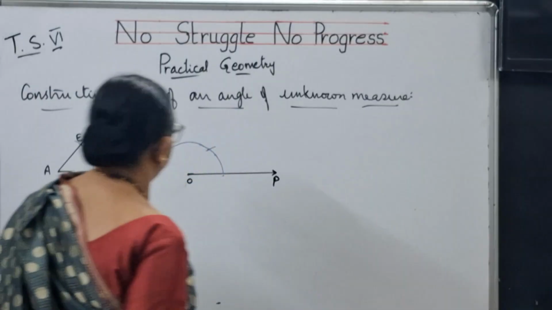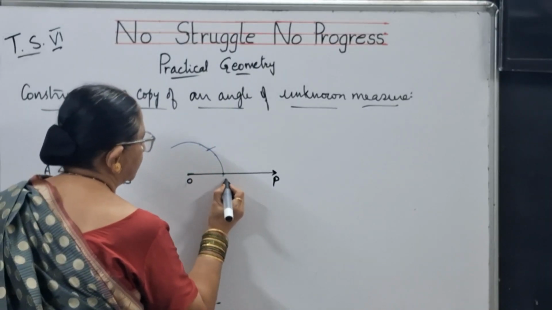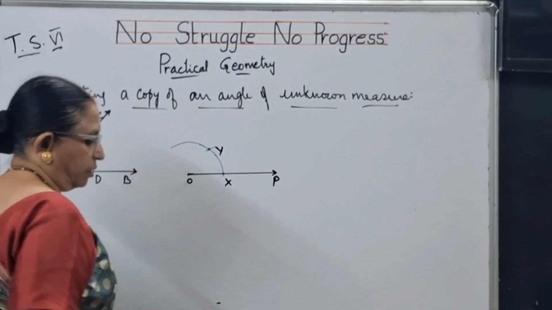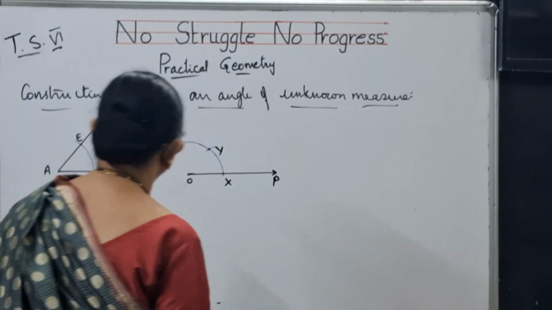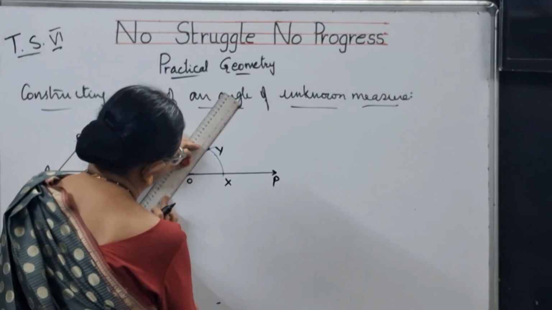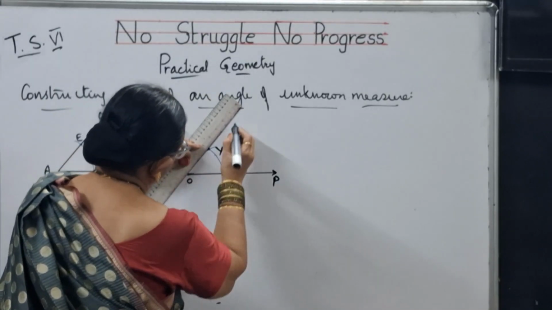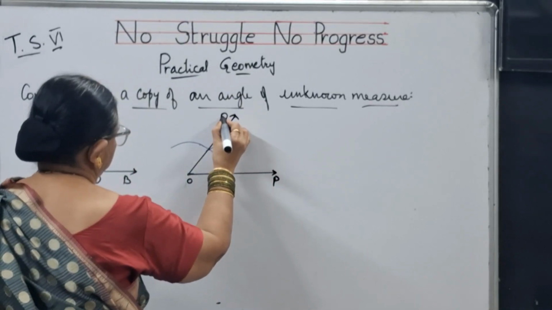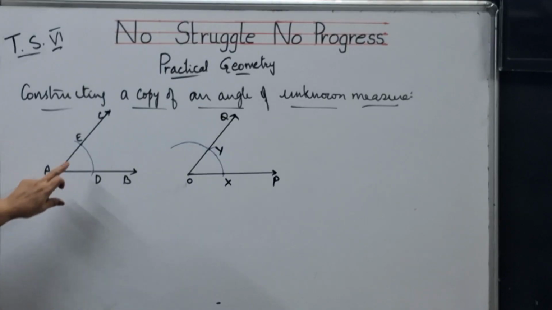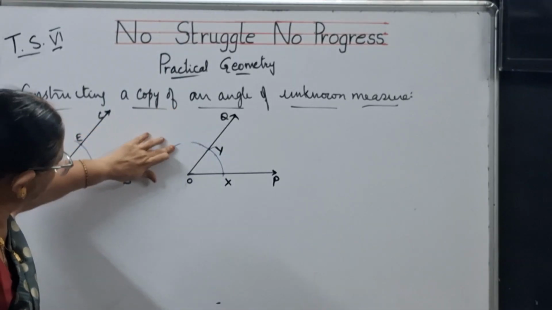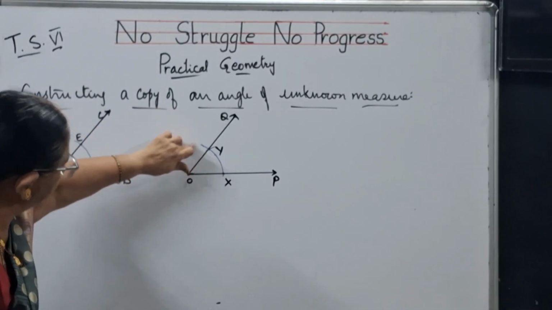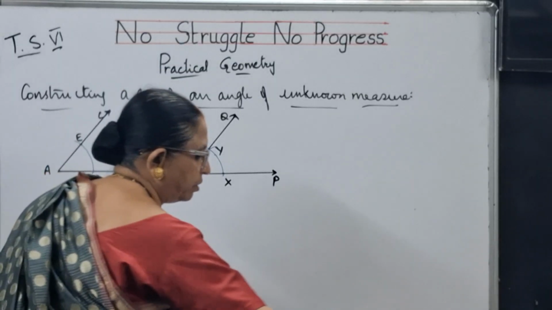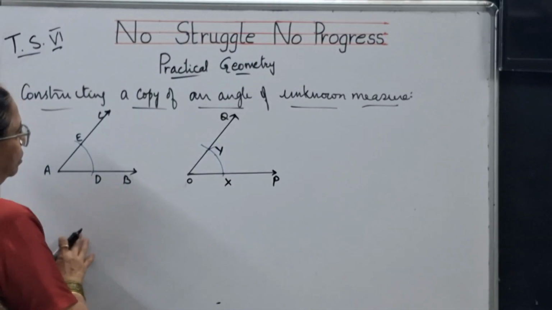Consider this point as X and this point as Y. Now you have to join O and X. Whatever is the measure of this angle, the same will be the measure of this angle also.